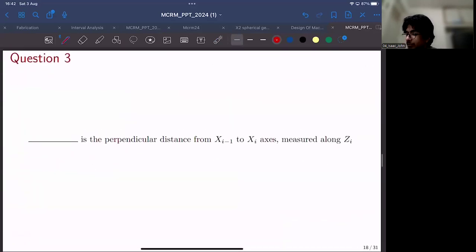Okay, question 3. Dash is the perpendicular distance from xi minus 1 to xi measured along zi.